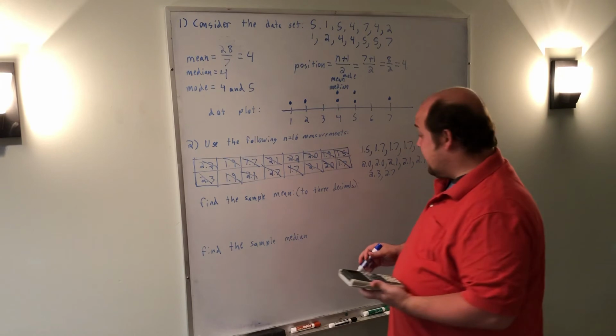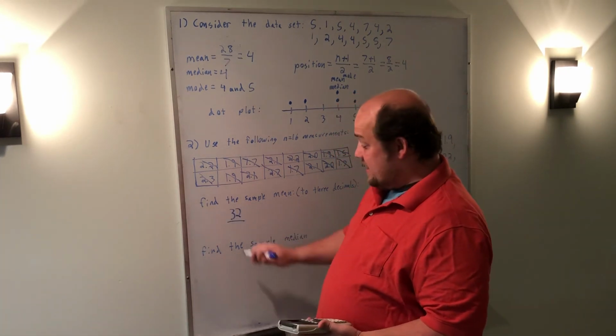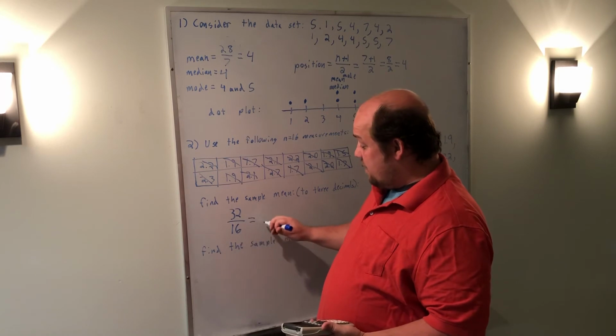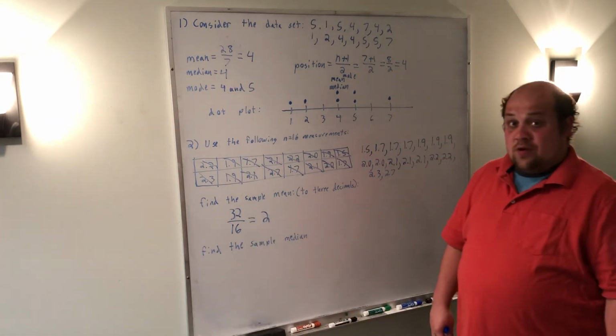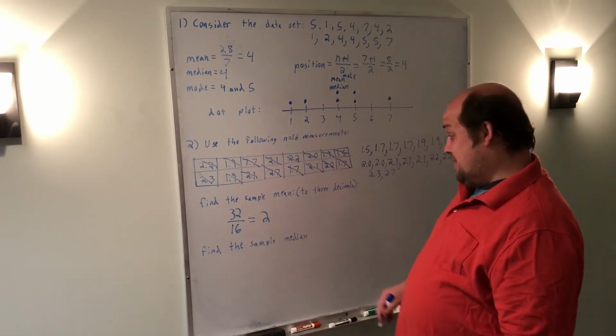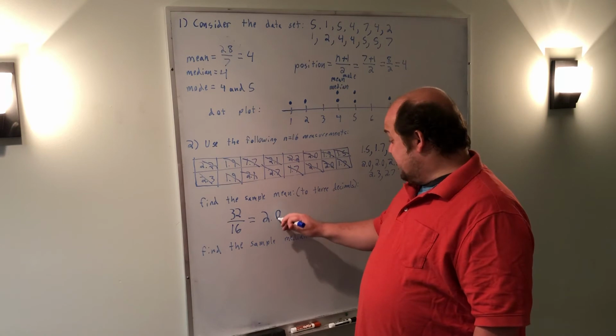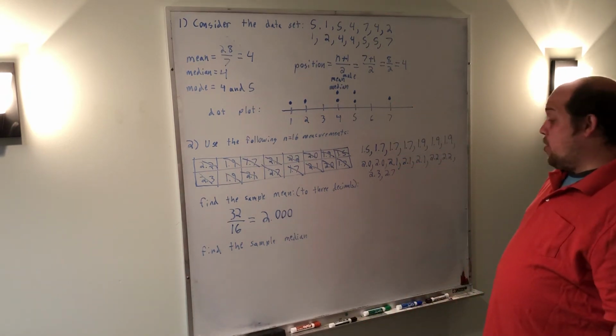When I add that all together, I get a total of 32. I'm going to divide that by the 16 data points I have, and that tells me that my sample mean is 2. When it says round to 3 decimal places, that really doesn't make sense here. I mean, I could call it 2.000, but in this case, it gave me a whole number.